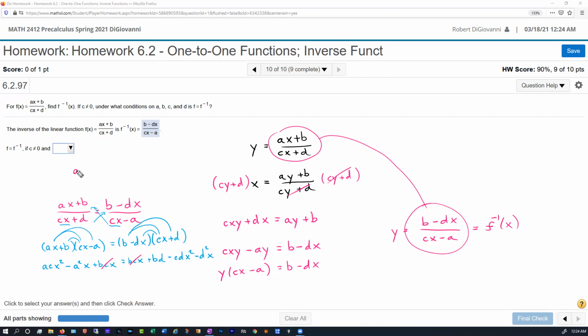We have acx squared minus a squared x. That has to equal negative cdx squared minus d squared x plus bd.